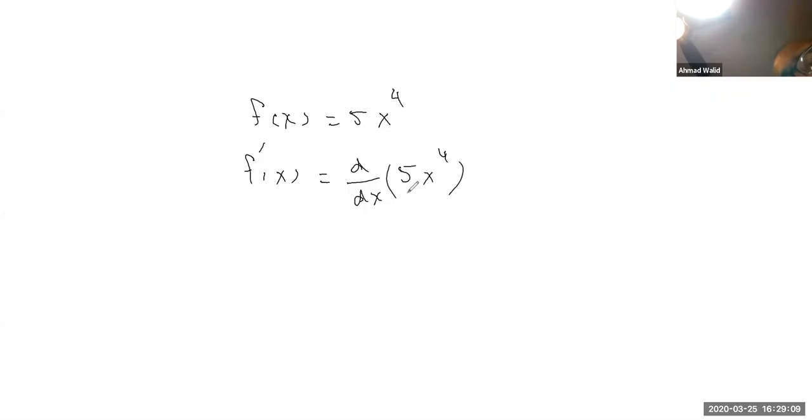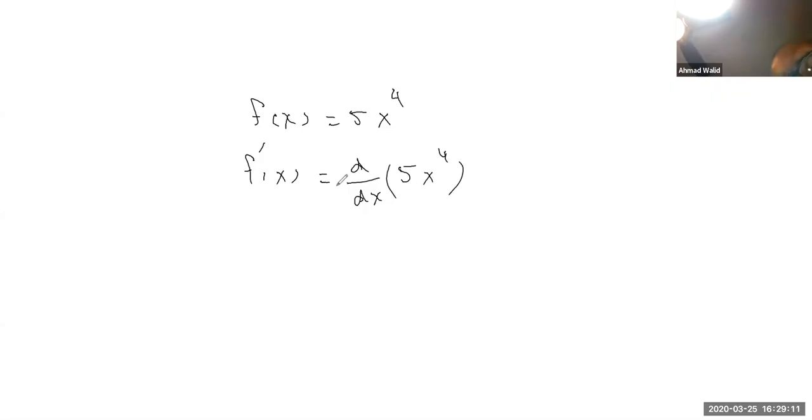I'll do one more example. For example, if you have f of x equals 5x to the power of 4, they're asking you to find f prime x. f prime x equals d over dx. It means the derivative of 5x to the power of 4. Now, I have a constant.